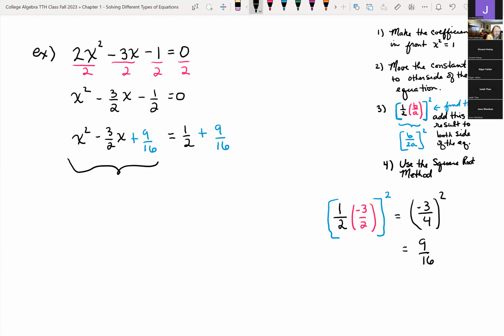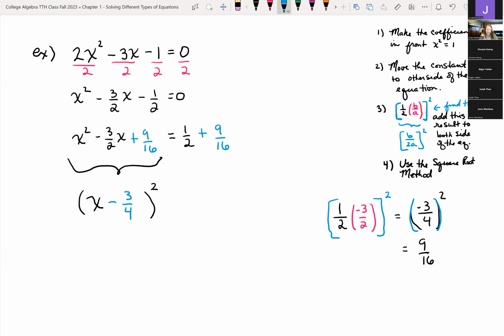So what we've just done was manipulate it so that we could rewrite this one side as a perfect square. So it's going to be x, and then whatever we took before we squared it. It was negative 3/4 before we squared it, so I'm going to put minus 3/4 in here.